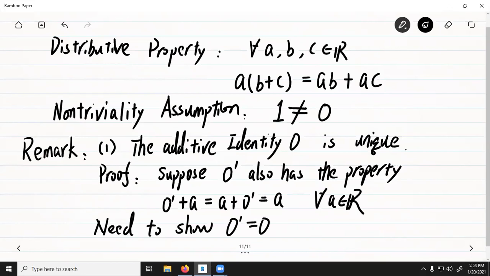We have no other tools; the only tools we have are the axioms. So we just play around with these axioms to try to prove this result.